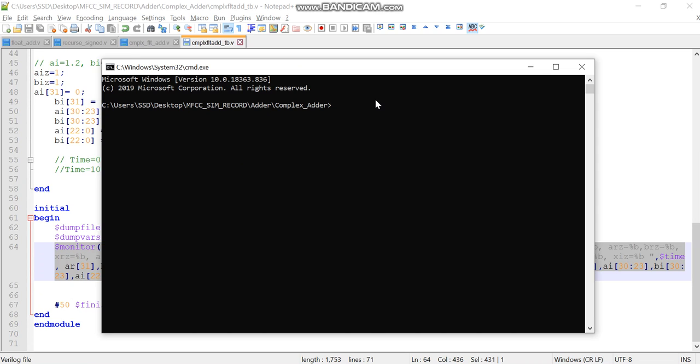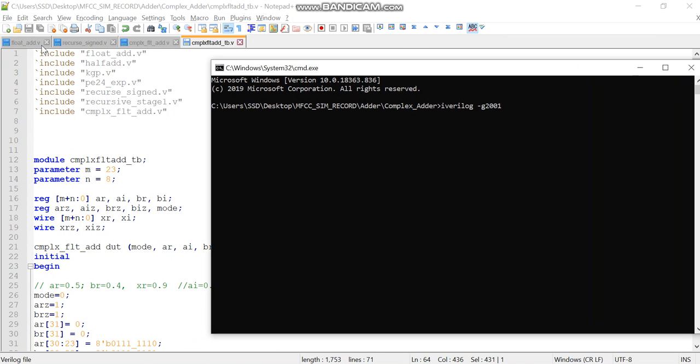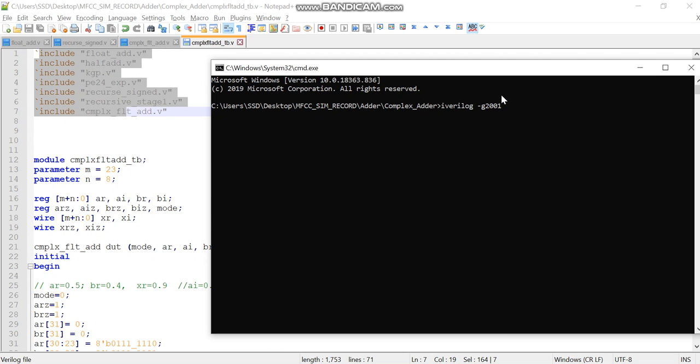So for the simulation, we are using Icarus Verilog, and the command required for this is iverilog. -g2001 is for the specification of the version, and since I have included all the required submodules over here, I need not specifically write down the submodules, so I'll just call the test bench alone.